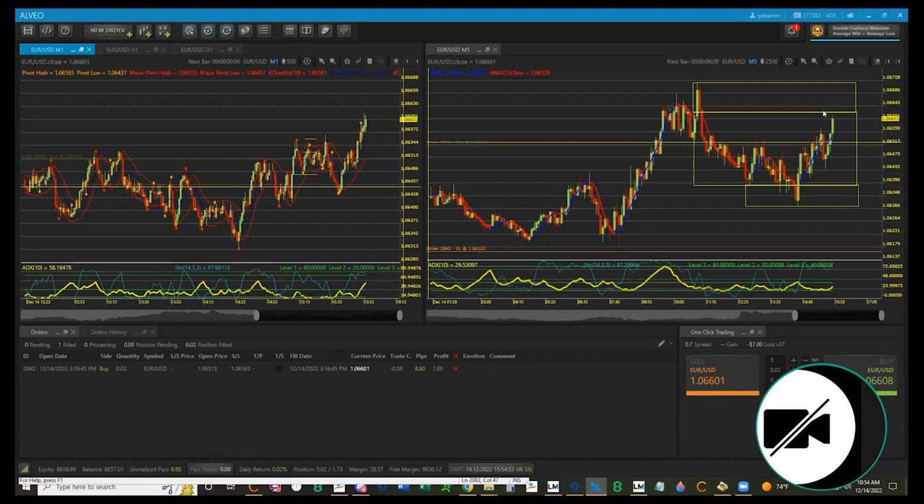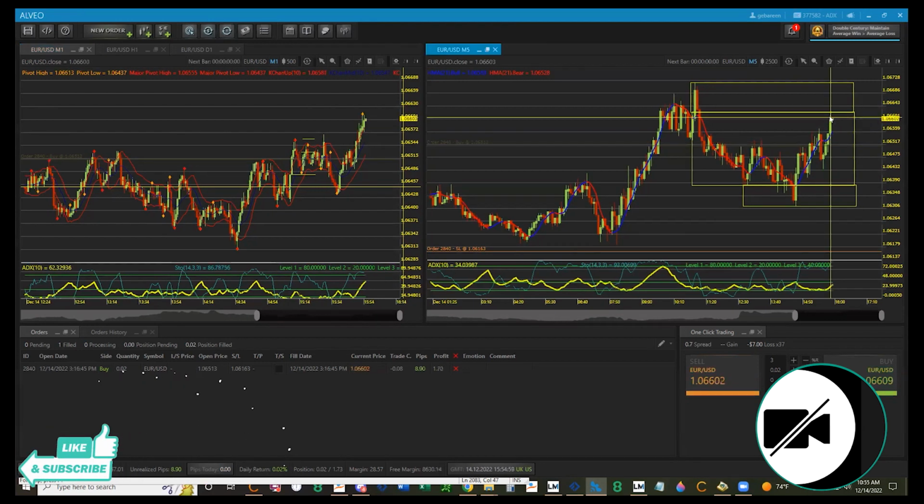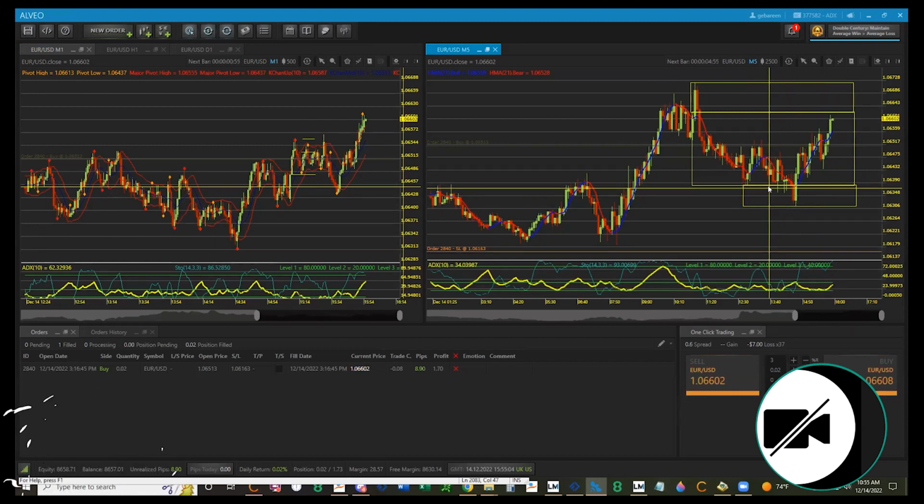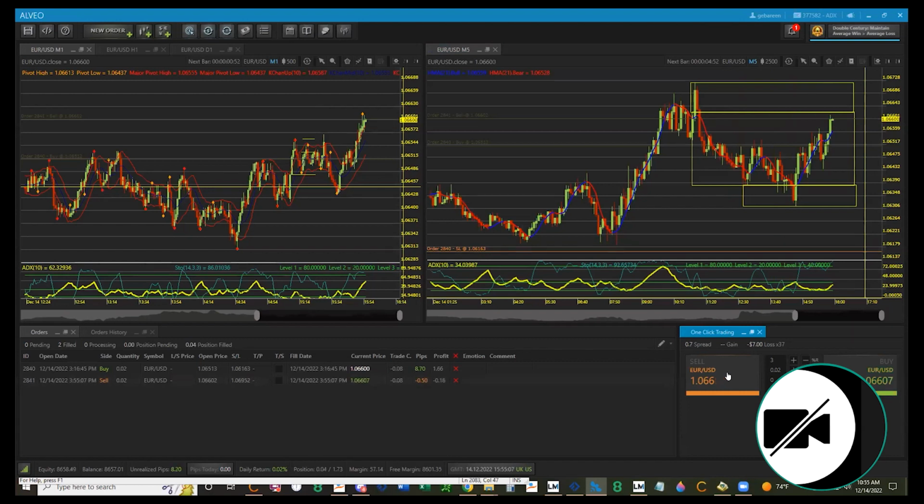And then I would be a seller at this line for quick profit, potentially up to this point, like 3, 4, 5 pips. So I could throw in a 2-pip sell here, and if it pulls back and I get my profit, I can build more buys.